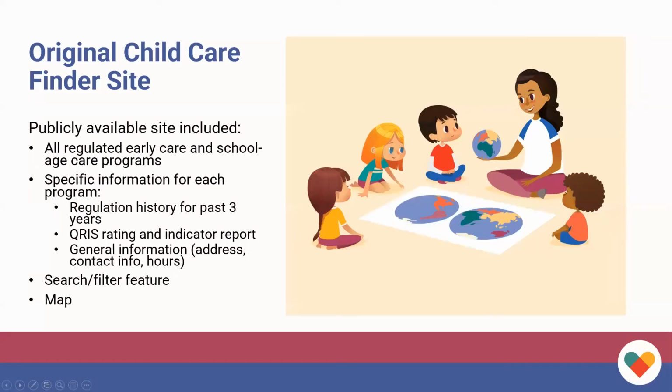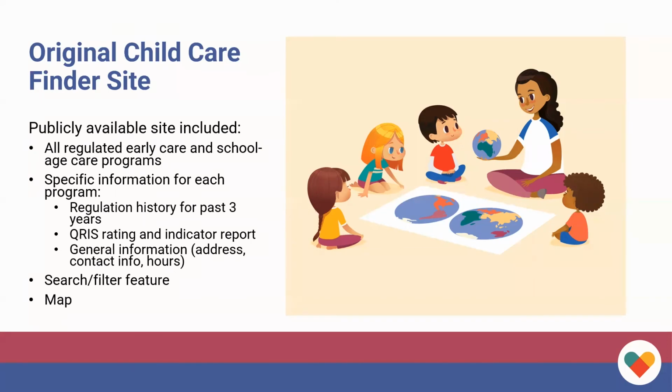Okay, so we had to build a consumer website, as was discussed in the previous slide. And our original site is called the Child Care Finder site. And it really just had baseline information that was required. So we had all regulated, which meant licensed programs across the state. They were either the early child care or our school age care programs as well.